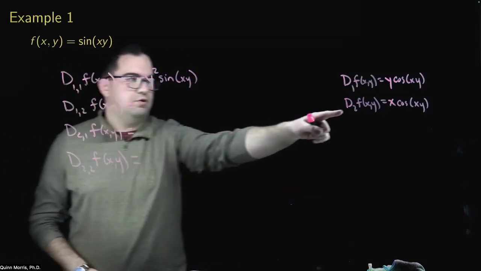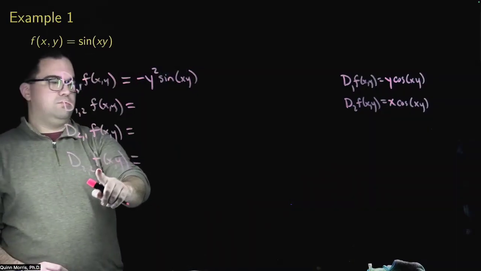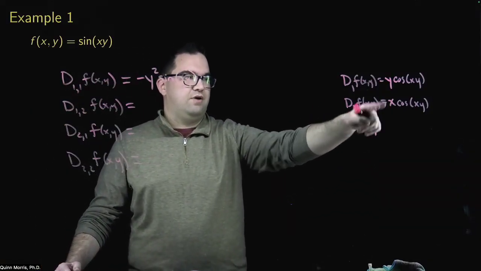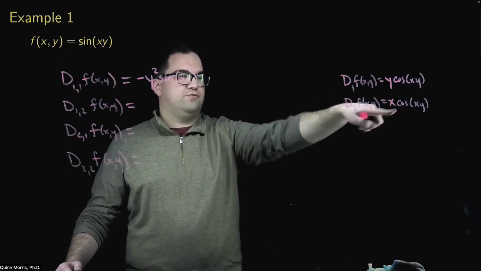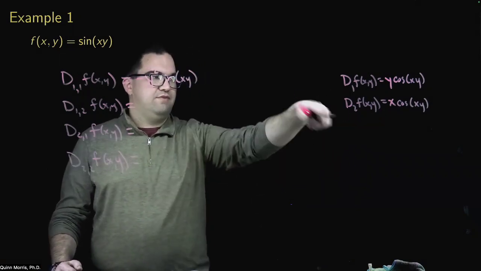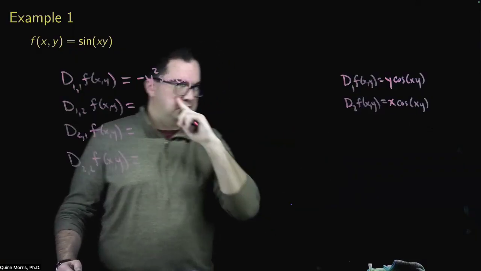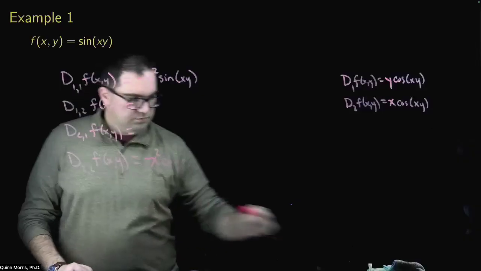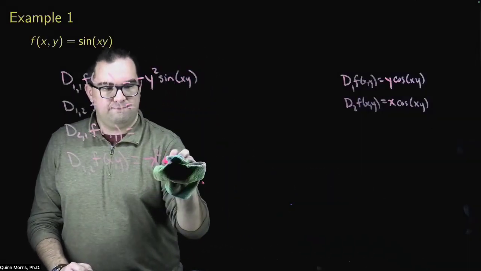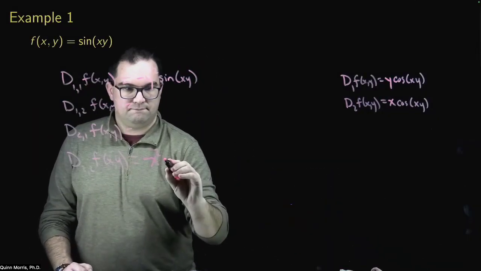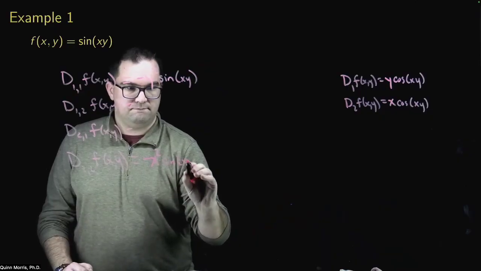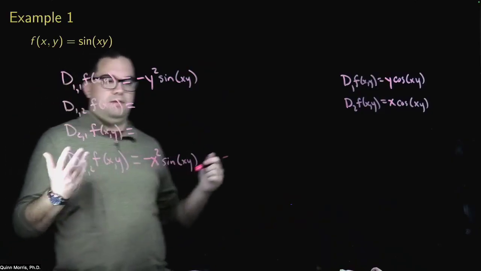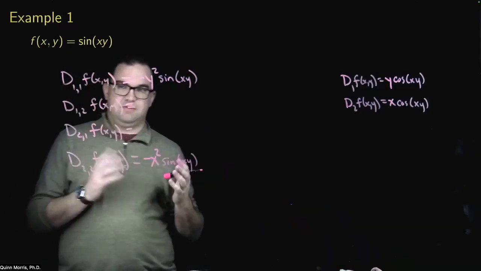Similarly, if I want d22 of f, that would be another partial derivative of d2 f with respect to y. So just take another derivative of this with respect to y. That's going to give me minus x squared, oops, sorry, that should be sine of x y. Okay, great, no problem. Everything's working out fine so far.